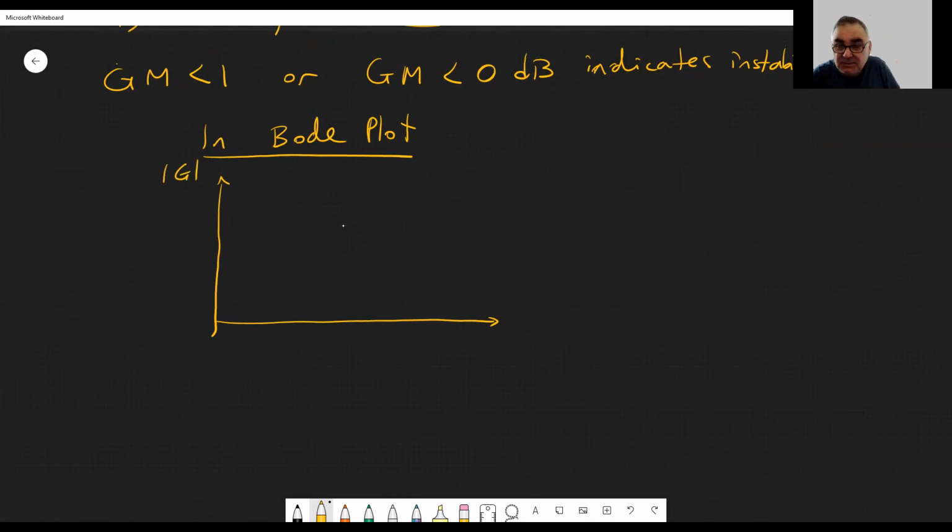Again, I will use this example, L of s. L of s equals k over s times s plus 1 squared. And I will take k to be 1 so that it is stable. Okay.